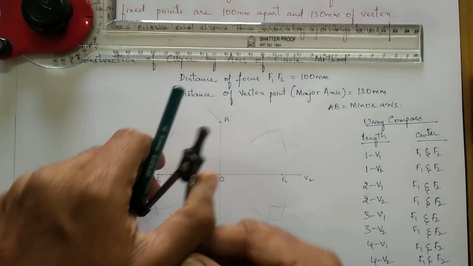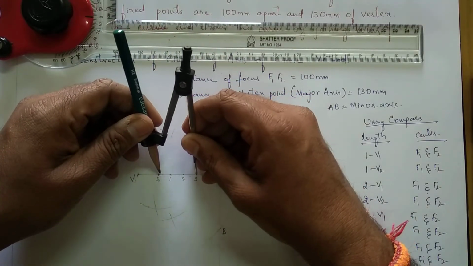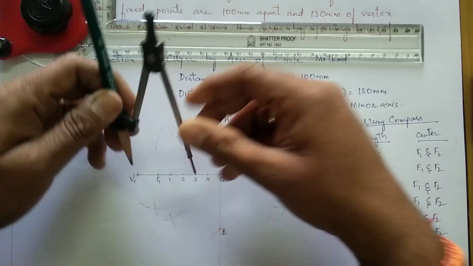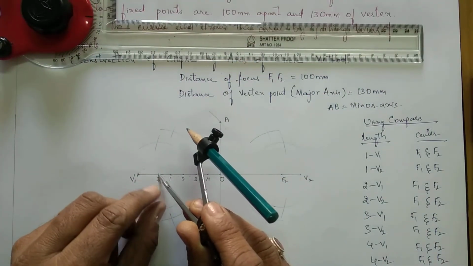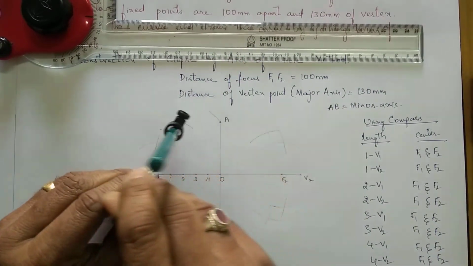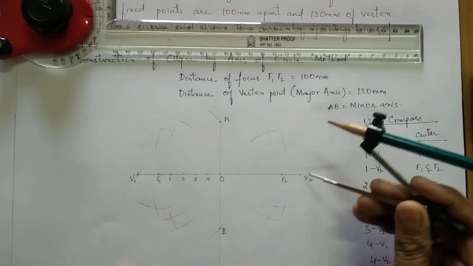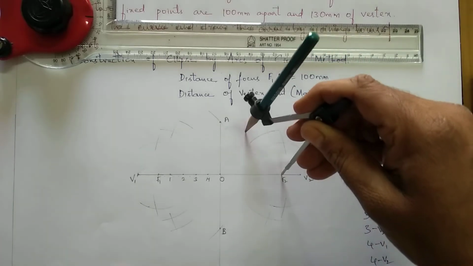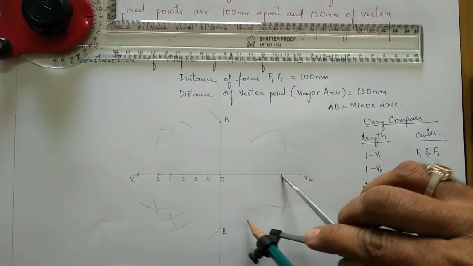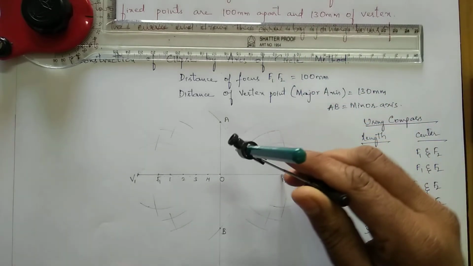Okay, so now 3 to V1 length, F1 as a center, above arc, below arc, F2 as a center, above arc, below arc.